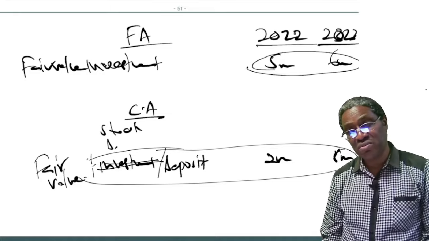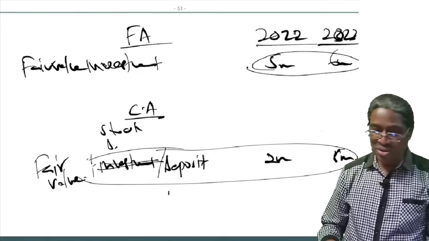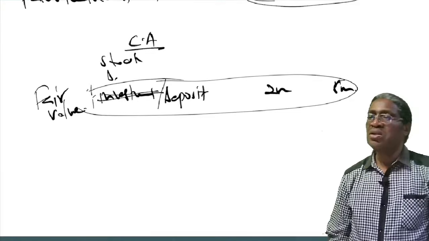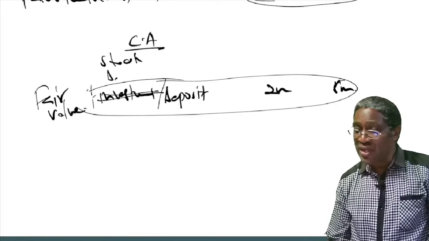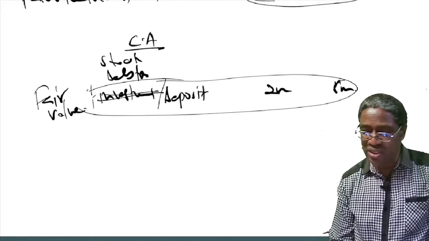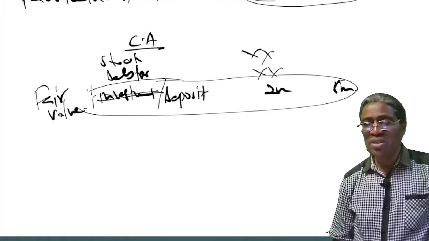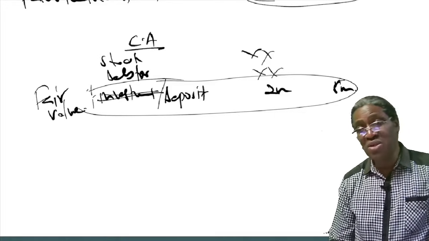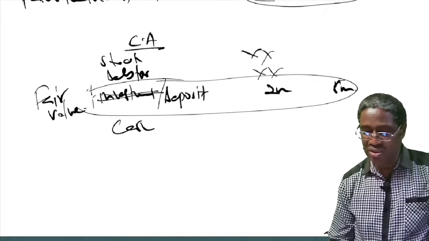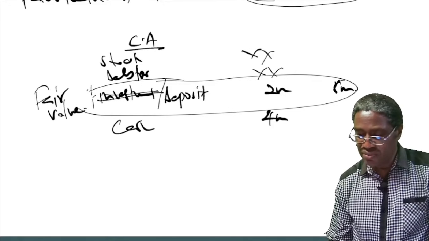Now listen. Among the current asset items, I've said there is normally debtors, stocks, investments, maybe those for whatever, and cash, maybe 4 million. Now listen.